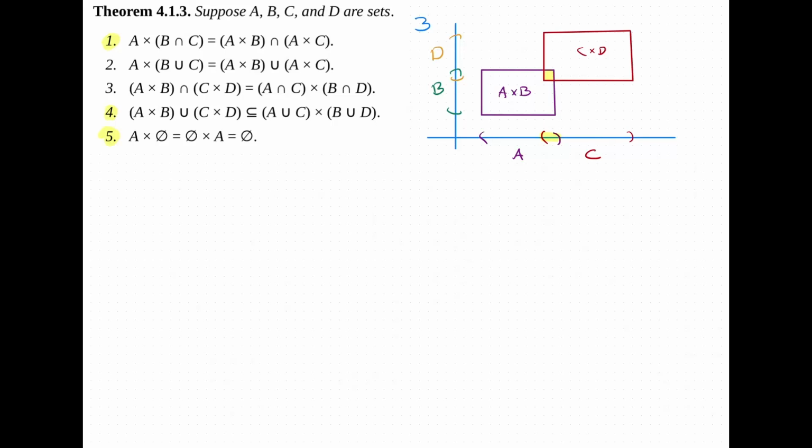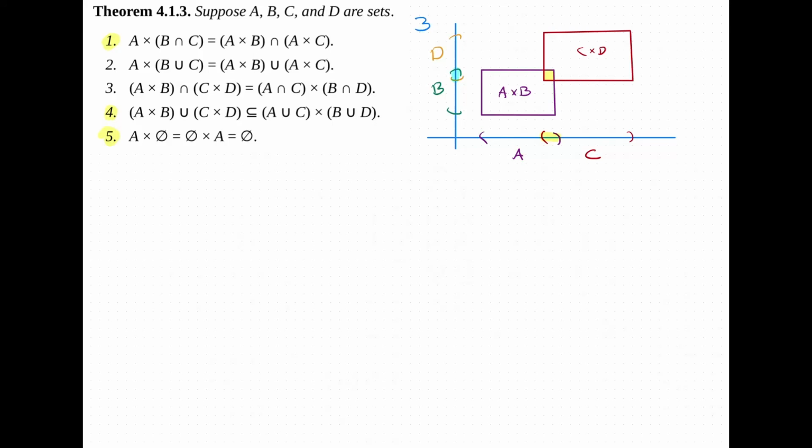And similarly, if we took the intersection of B and D, we will only be looking at this portion right here. And the Cartesian product of both of those will in fact be that smaller rectangle. And so we see that the visualization does convey this equality.